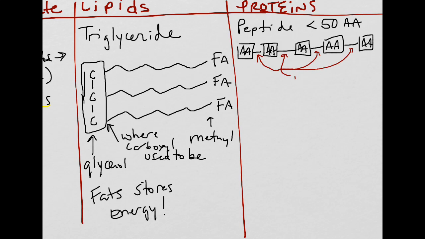We call that the peptide bond. Okay? All right. And if we have greater than 50 amino acids, we call that a protein. And with respect to proteins, there was quite a bit of information if you go back through your notes, but remember, I want you to be sure to understand protein structure.